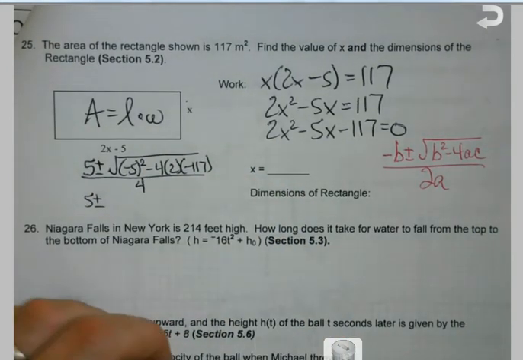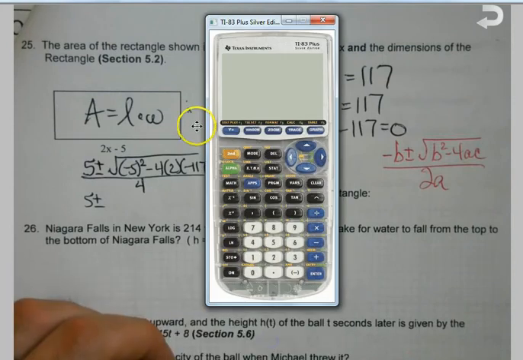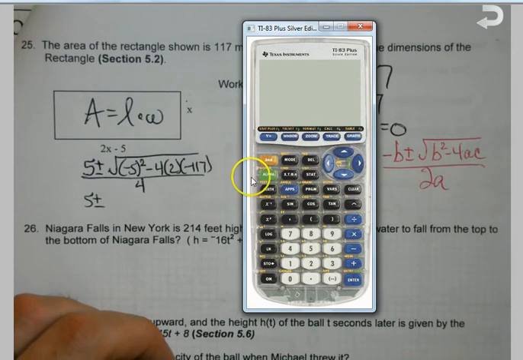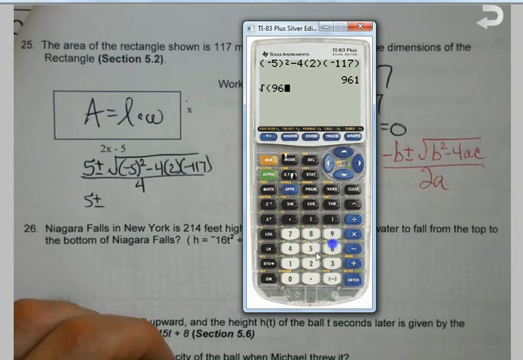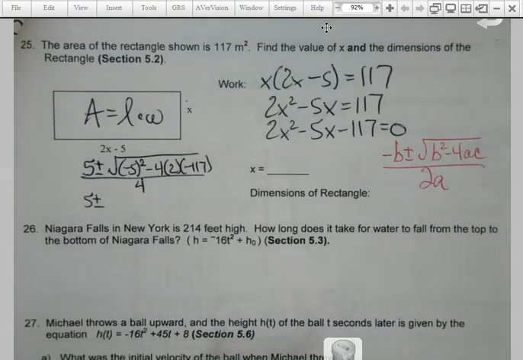Okay, just a reminder, if you're going to go to the calculator, and I know a lot of you are, do not use the radical right away. Just do what's underneath at the start. Get that value, then take the square root of it. Okay, so that's 31.